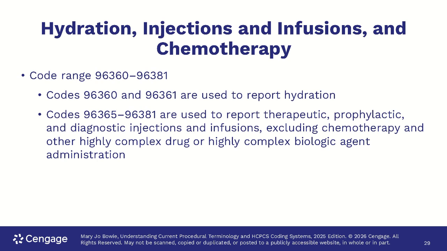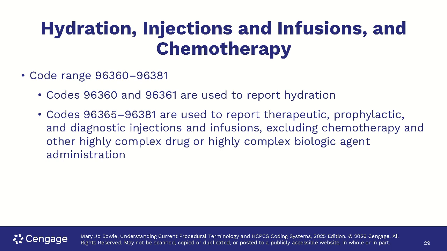Immediately after that, you have the codes for IV infusions or injections. So this is therapeutic, prophylactic, and diagnostic. So this is where you will find a code for the administration of the immune globulin. It would just be an injection. Okay.